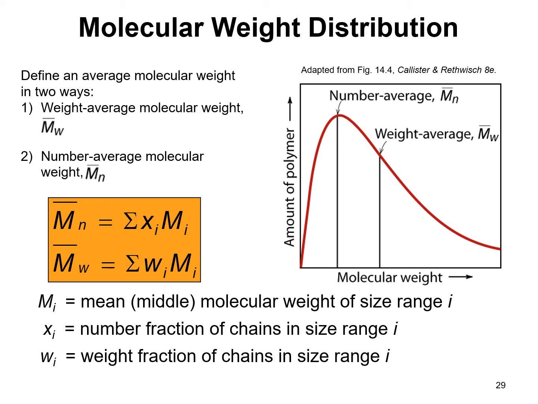So this small letter n refers to the number average molecular weight, and this small letter w refers to the weight average molecular weight. And this xi is the number fraction of chains in the size range i, and small letter wi is the weight fraction of chains in size range i.